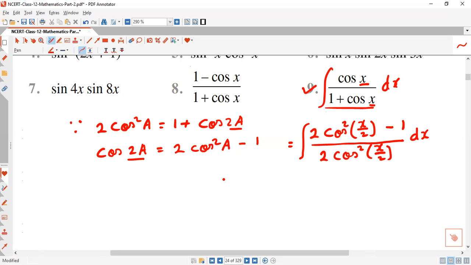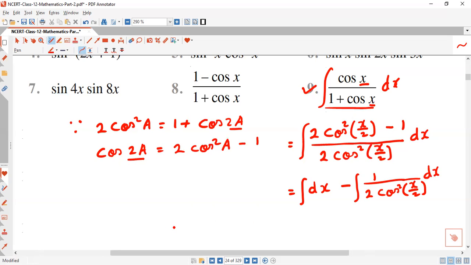Separate the terms. You see the 2 cancels out. This becomes only 1 dx minus 1 upon 2 times 1 upon cos square x by 2 dx.